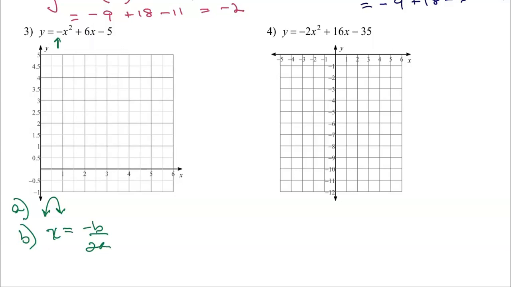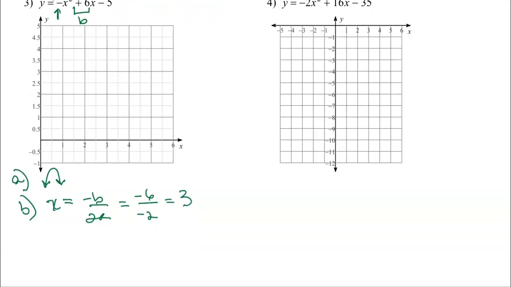Identify the b. The b in this case is positive, but the a is negative. So negative b becomes negative 6. 2a is 2 times negative 1, which is negative 2. This makes 3 for my x. And you can do this with your calculator.